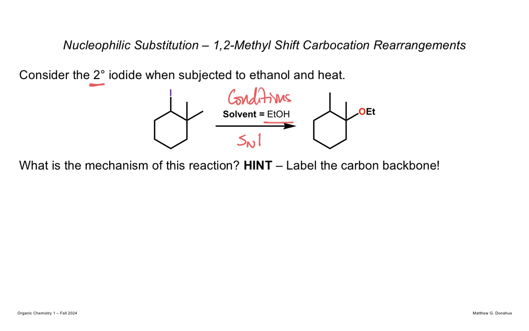I know this might be hard to see here because it's in purple, but that's an iodide right there. And so that's the secondary iodide. And then when you look at the product, we're forming an ether. And that comes from the alcohol solvent.